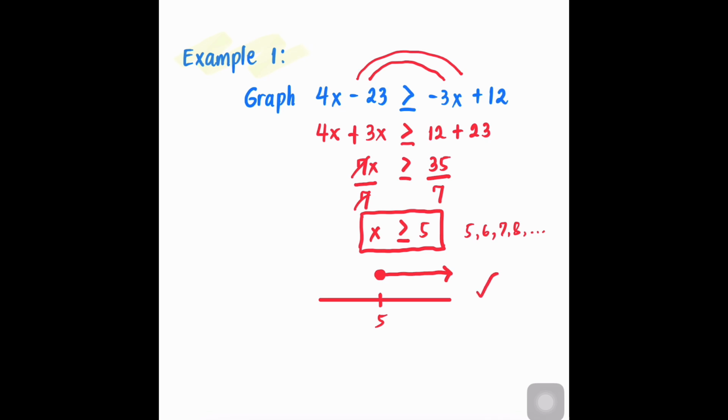So this is the graph of the inequality. 5 is included. That's why you have a closed and solid circle all the way to the right. So the numbers are 5, 6, 7, 8, all the way to positive infinity.